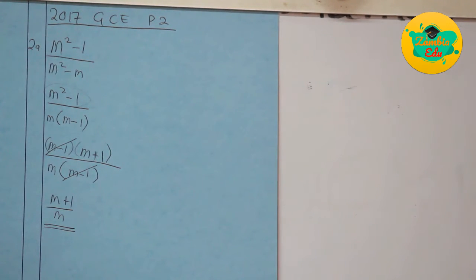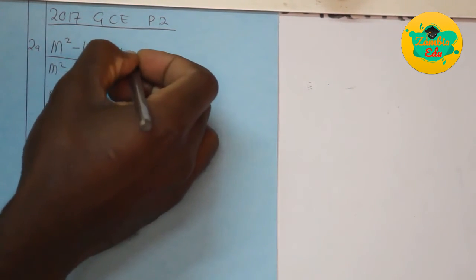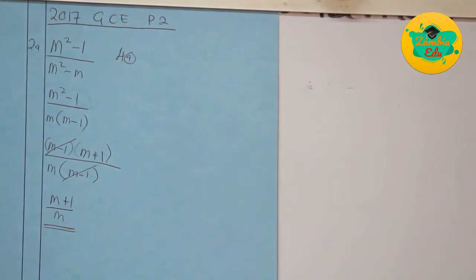We go to the next algebra question which we had in 2017 GCE, which was question 4A. Question 4A reads, express 3 over 5x minus 2 minus 2 over x plus 3 as a single fraction in its simplest form.